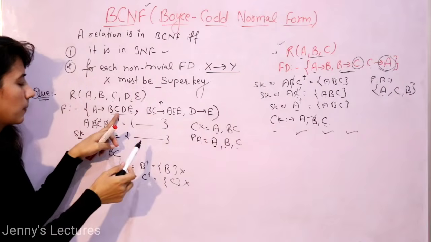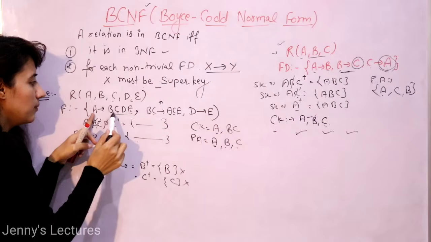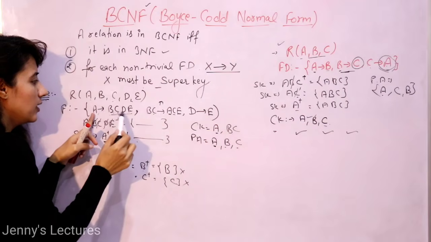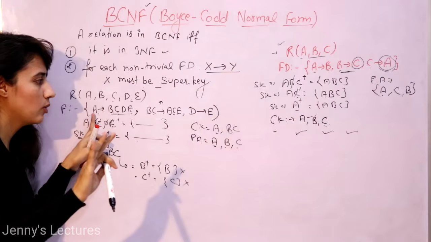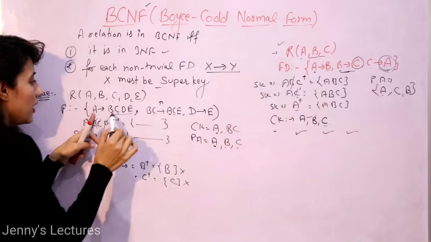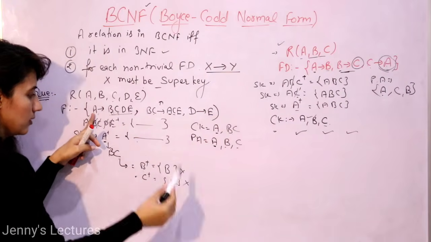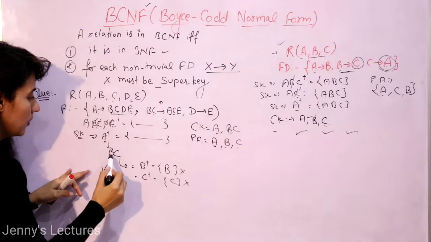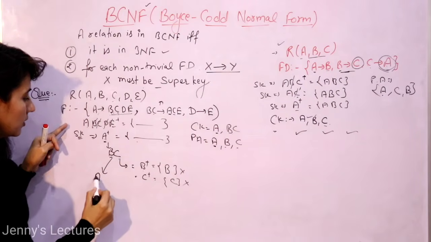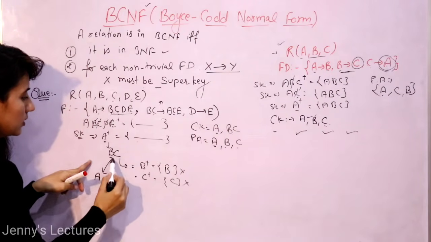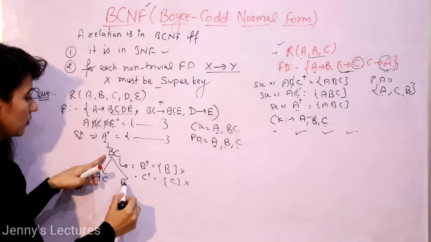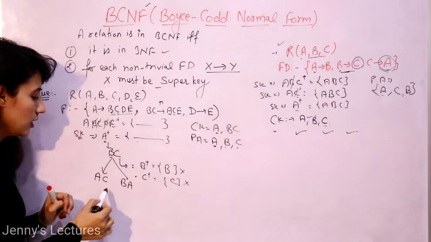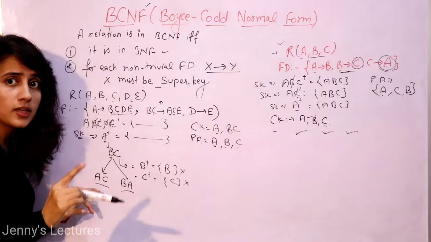Here we have C. This can be split: A determines B, A determines C, A determines D, A determines E. Four dependencies, by the splitting property. Now in place of B, two cases can be there. In place of B, I am replacing A, so the first one is AC. Now in place of C, I am replacing A, so the second one is BA. These are super keys, but I cannot say that these are candidate keys.